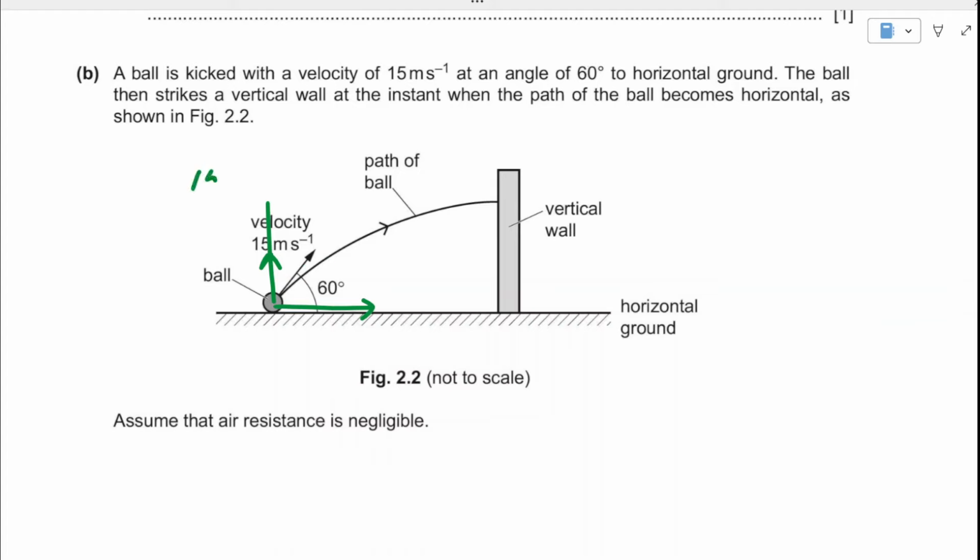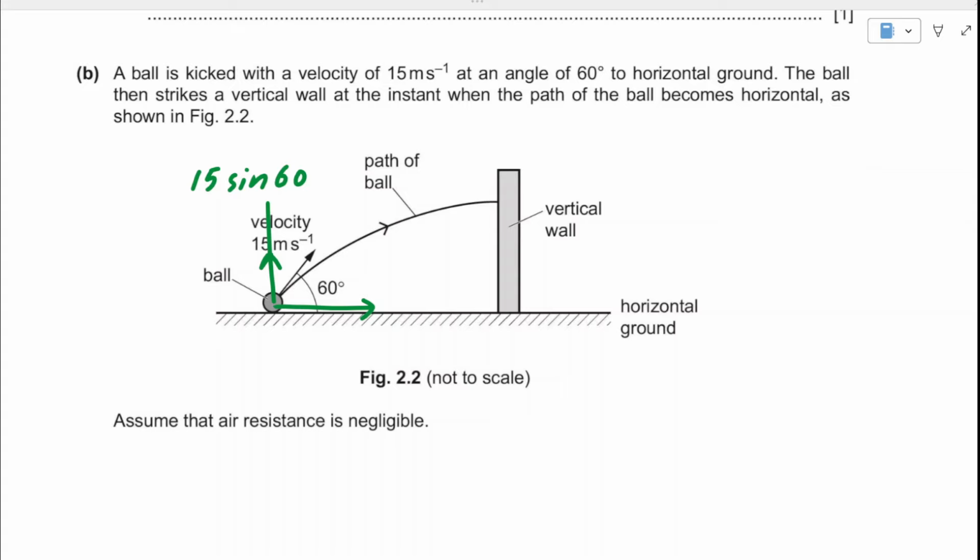So this component would be 15 times, this one is not connected to the angle. So it should be 15 times sine 60.